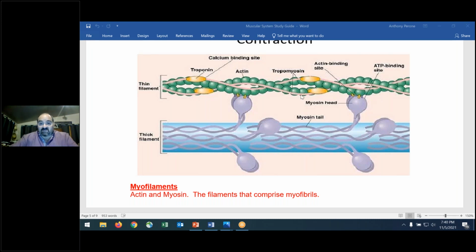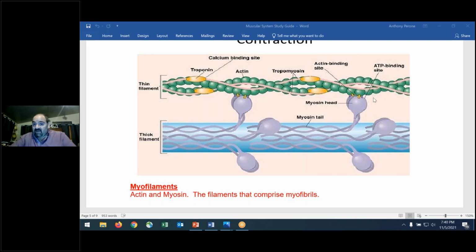So now let's look at this at a more detailed level, as far as what's taking place at these myofilament areas, again, myosin and actin. Well, on actin, we have this tropomyosin. See this line here? That's actually called tropomyosin.